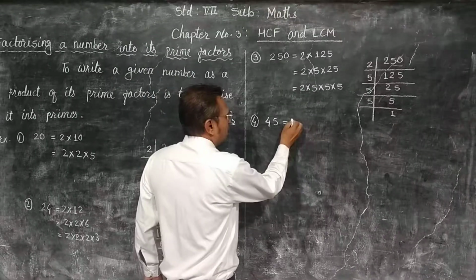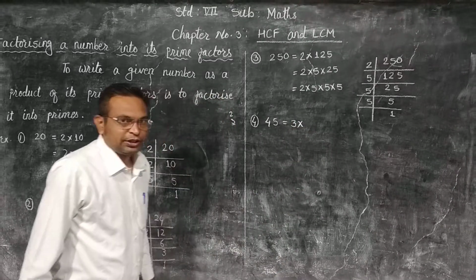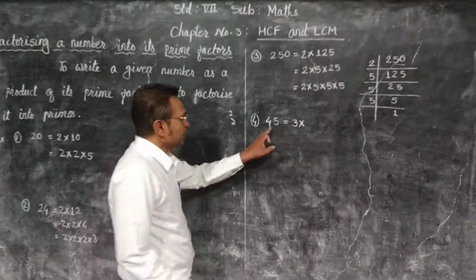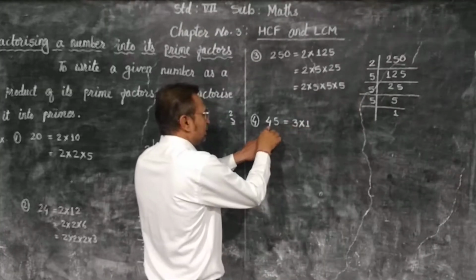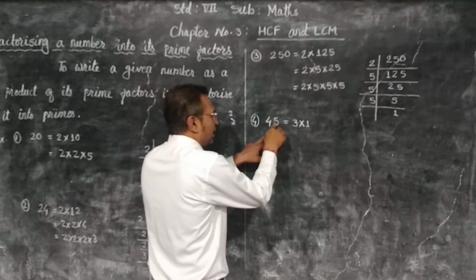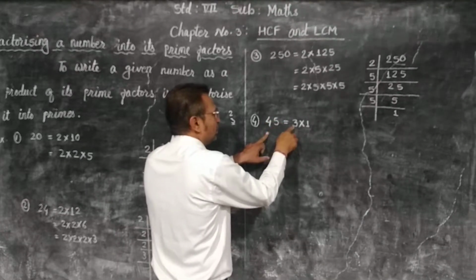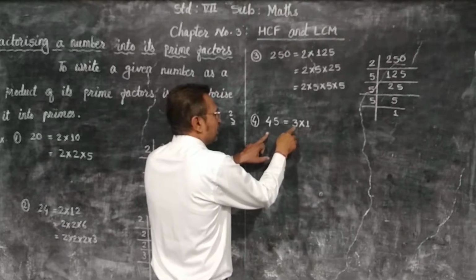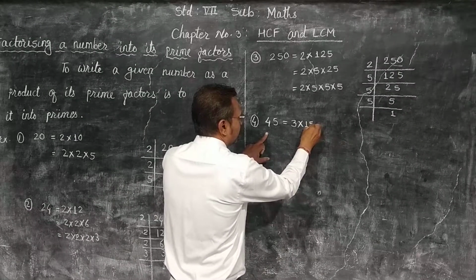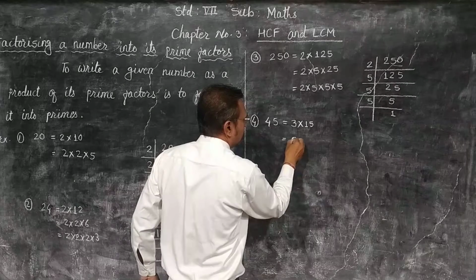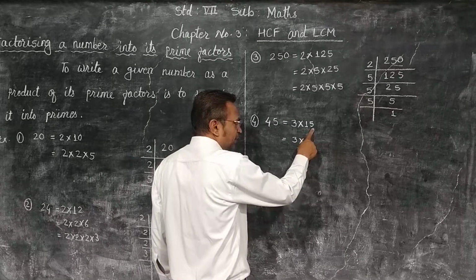Therefore use the divisibility test by 3. 3 1s are 3. Remain 1. Carry here becomes 15. Now say the table up to 15. 3 5s are 15. Okay. Now again in the unit place there is 5.